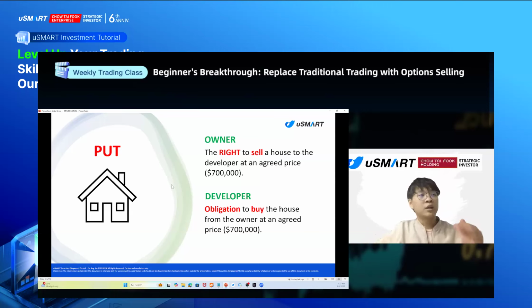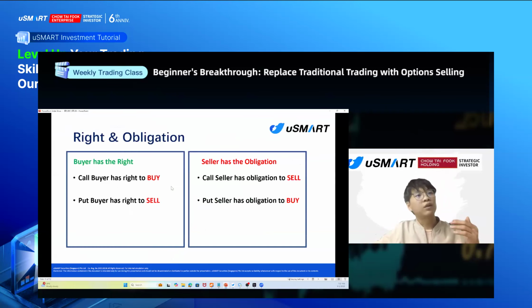So you can see in two of these cases, the buyer is actually having the right to buy and sell. The buyer has the right to execute the options, to execute the contract, while the seller has the obligation to buy and sell from the buyer.